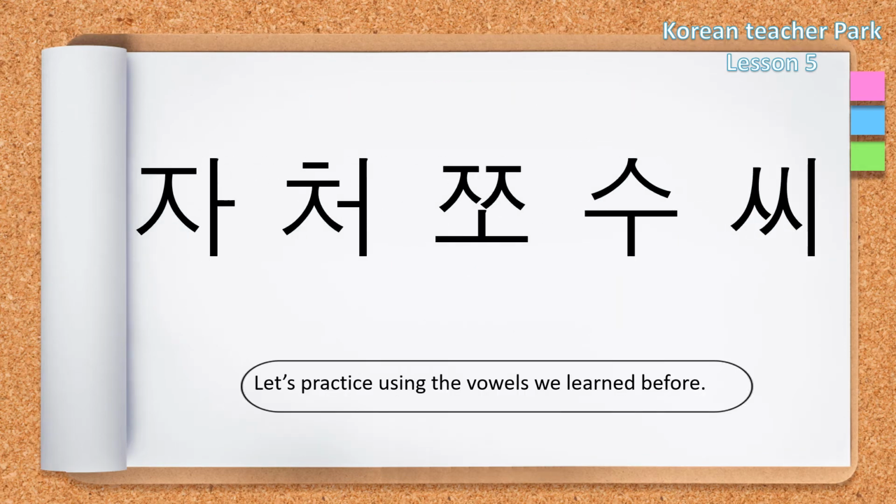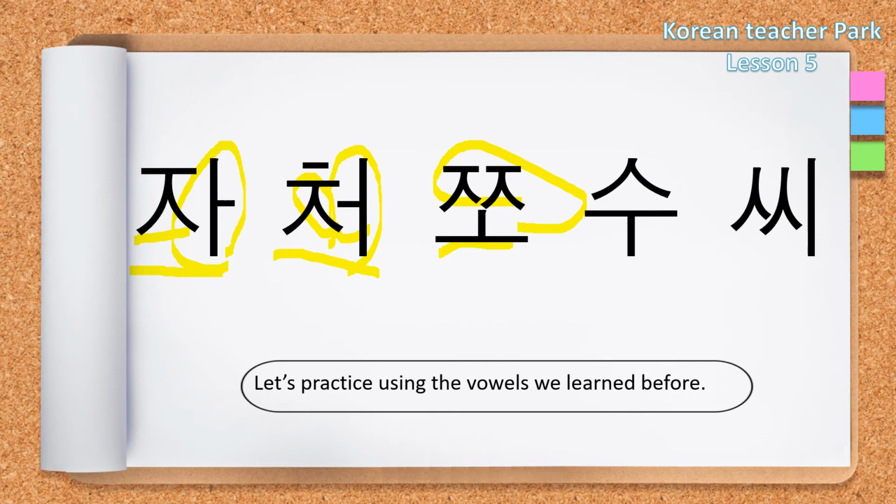Let's practice again using the vowels we learned before. First, how to read the 즈 sound with the 아 sound together. 자. Next, the 츠 sound with the 어 sound together. How to read? 쳐. Third, the 쯔 sound with the 오 sound together. 쪼.